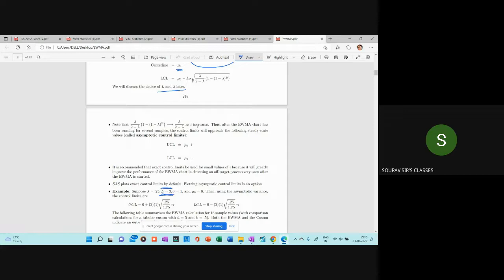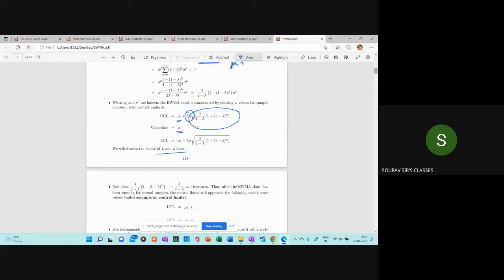So this L into sigma is basically my particular variance. This particular portion is my variance. The square root of this is my sigma, so this portion is my standard deviation. This portion is my mean, and this choice of L is actually subjective, based on what we actually need.